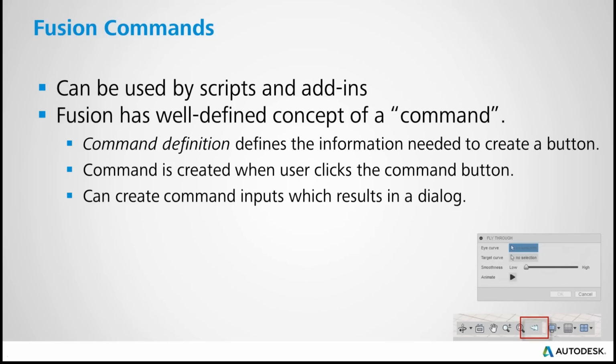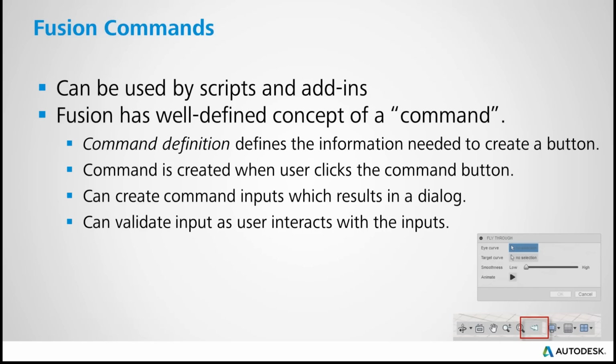There are several different kinds of command inputs, and we're expanding what's supported with each release. But you create these inputs, and then once you're finished doing the inputs, Fusion automatically builds up this dialog and displays it to the user.